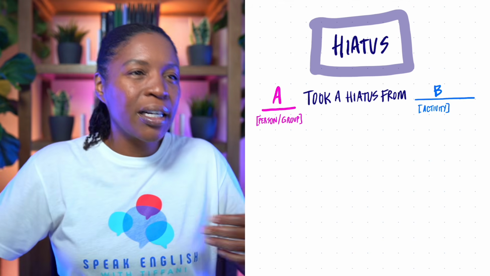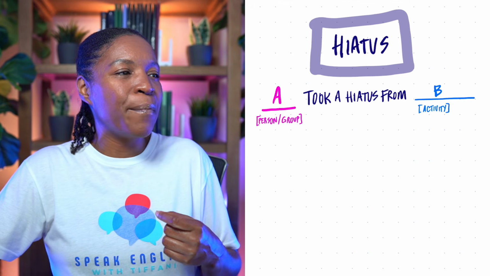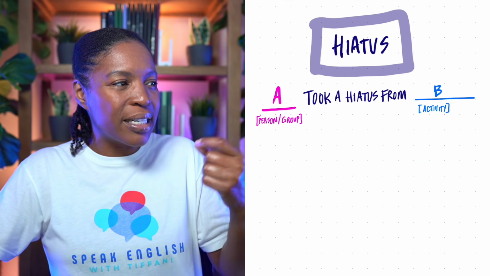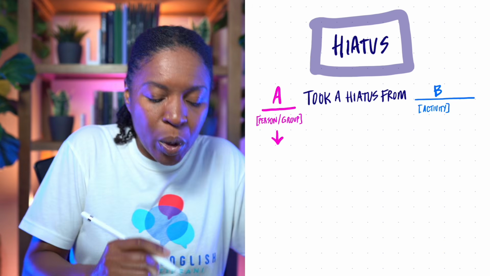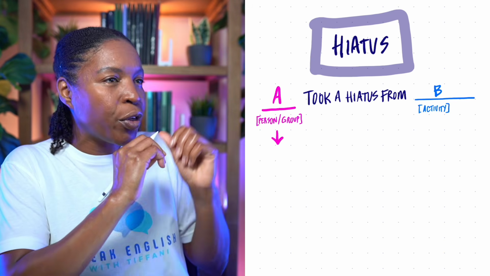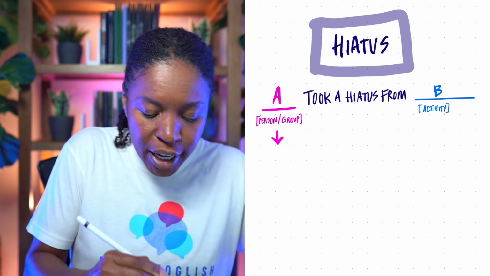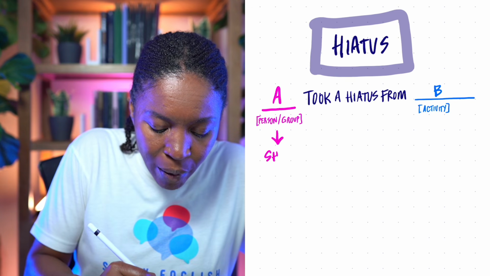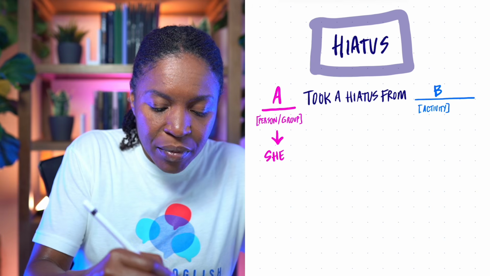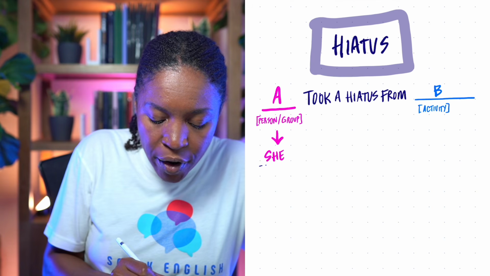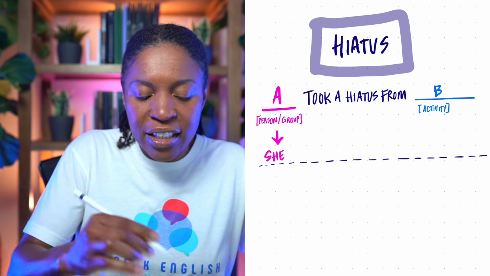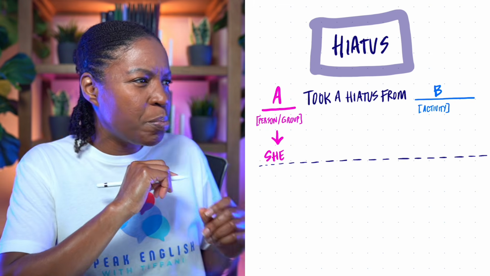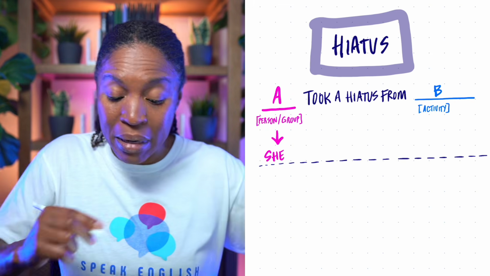So let's actually come up with some examples to make some sentences using this structure. All right, here we go. So for the first one, for letter A, again being the person or the group, what we're going to do is say she. And then for the activity, let's say the activity is going to be social media.